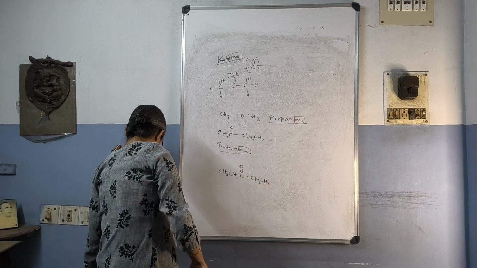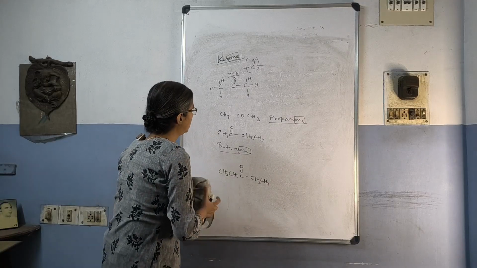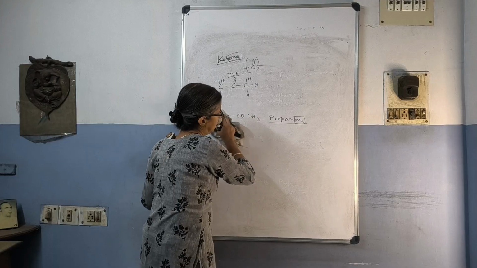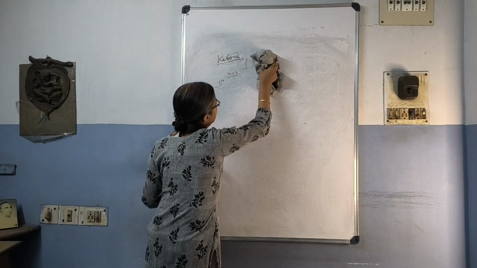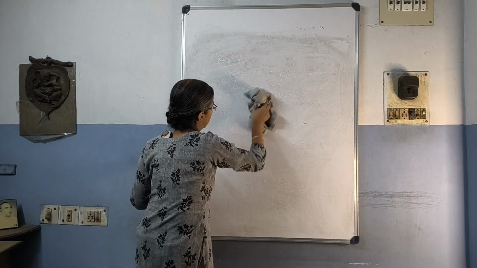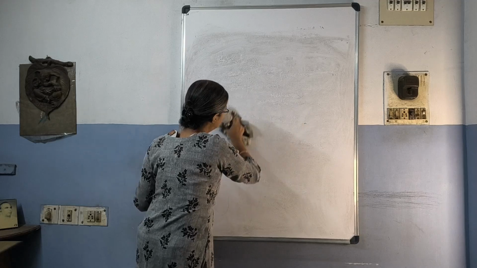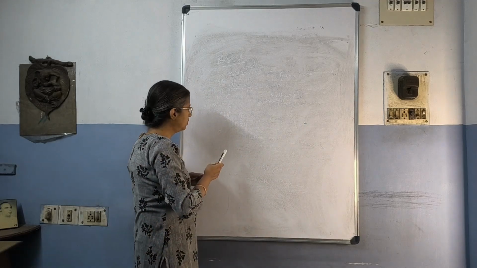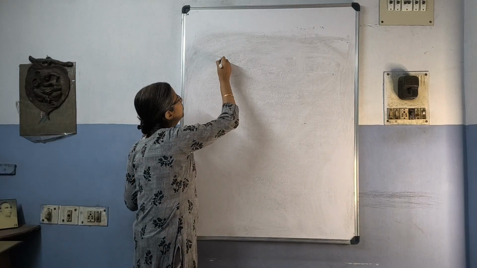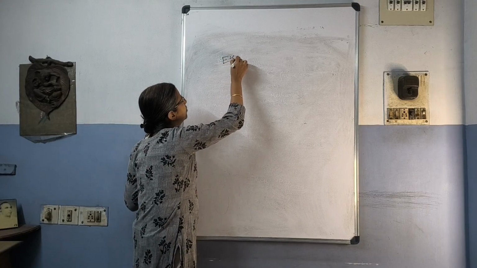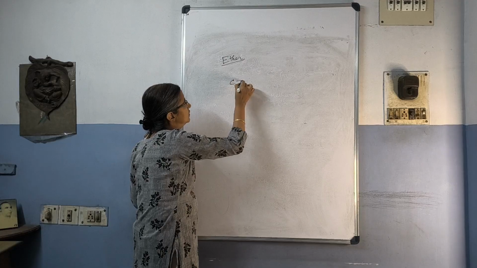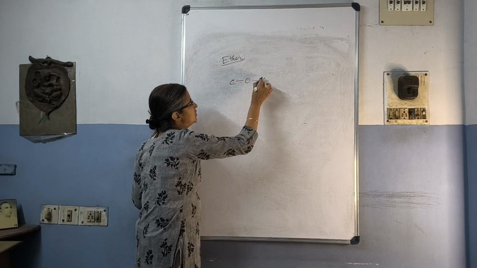Then after ketone we have ether. Ether is very important. How does it happen? C-O-C.